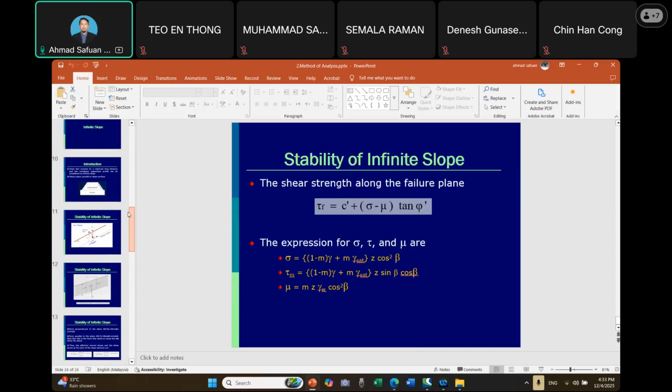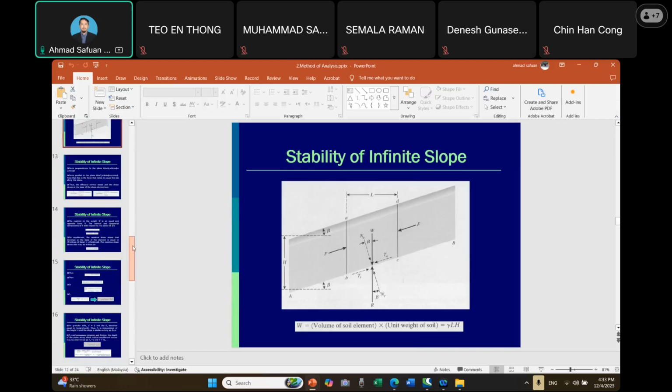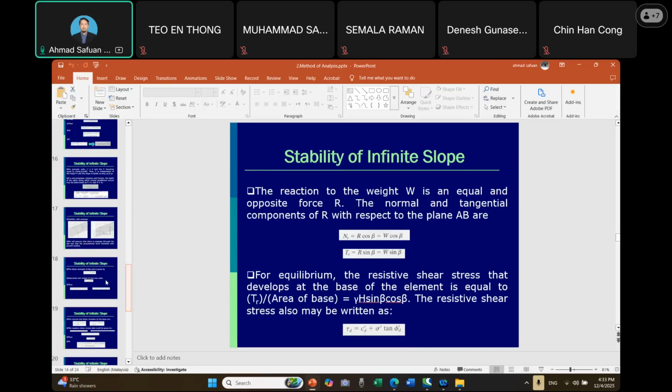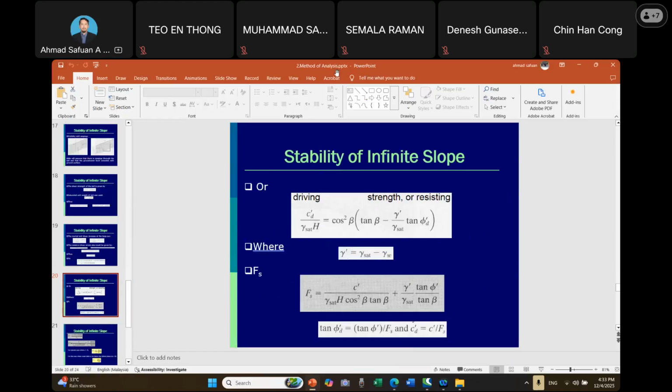We use the equations for the saturated soil. So this is the formula to determine the factor of safety when the groundwater level is at the top or at the surface of the slope.